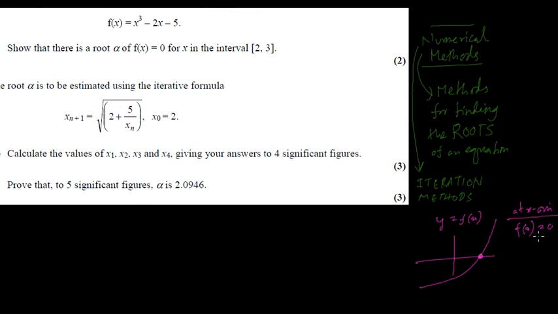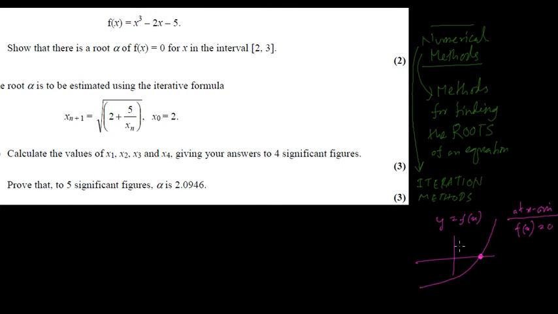That's the equation you have to solve, and this is where it cuts. So graphically, finding the root of an equation is looking at the picture and finding out where it cuts. If they say show that the root lies in that interval, that is step 1. You're not actually finding the root, you're trying to find out where the root might be. In this particular sum, they're saying the root might be between 2 and 3.